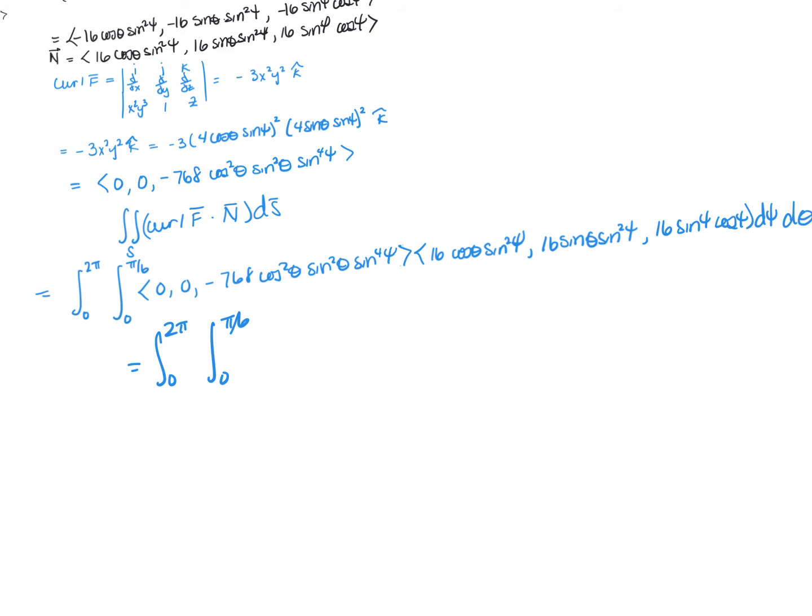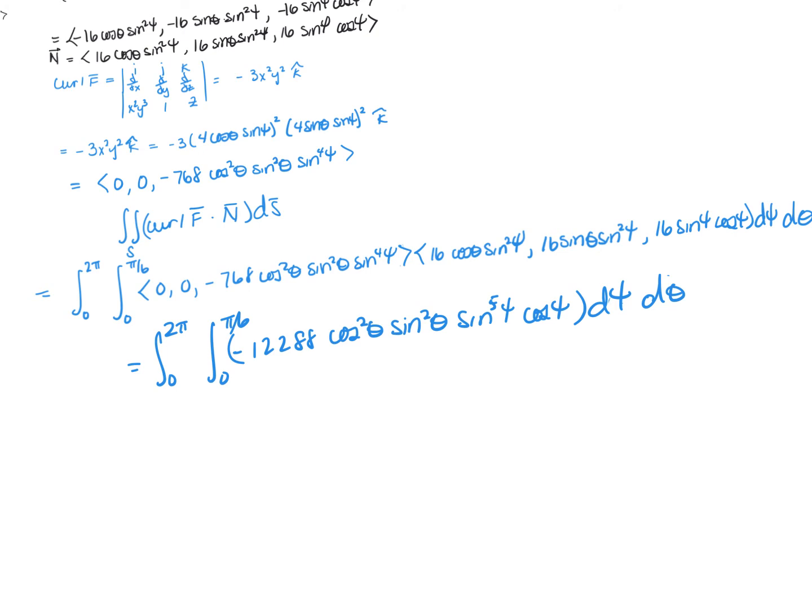I'm going to have negative 768 times 16, which gives me negative 12,288 of the cosine squared theta, the sine squared theta, the sine raised to the 5th of phi, the cosine of phi, d phi, d theta.